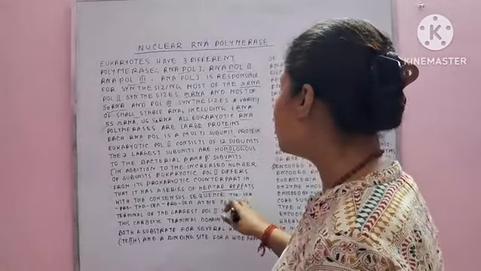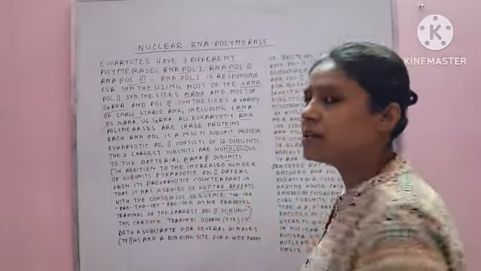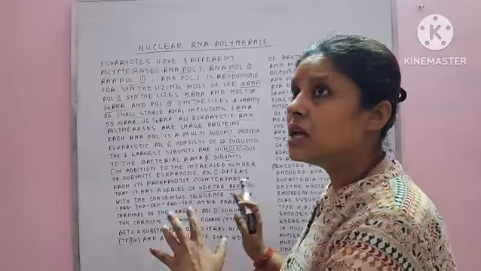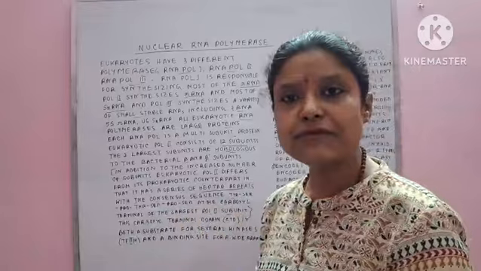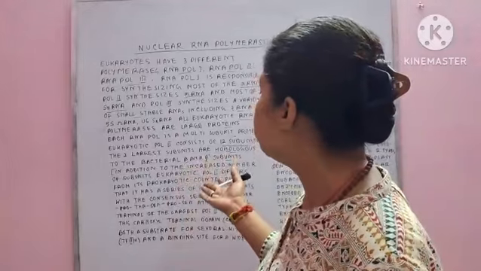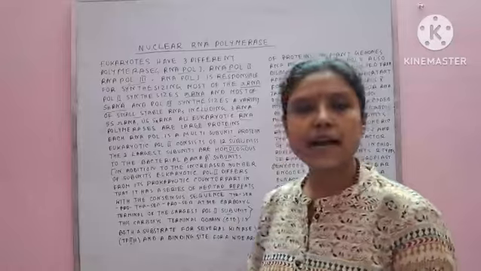This domain is attached to the largest Pol 2 subunit. These are the important differences by which we can easily identify the prokaryotic RNA polymerase and the eukaryotic RNA Pol 2.